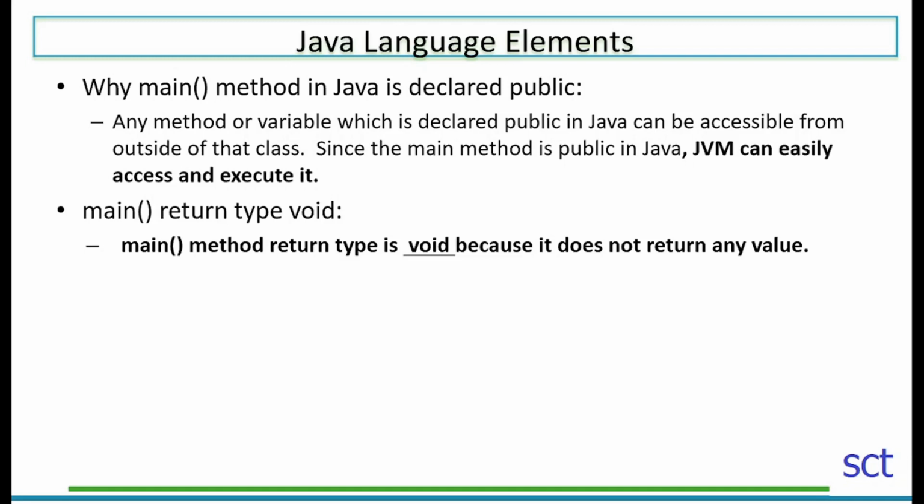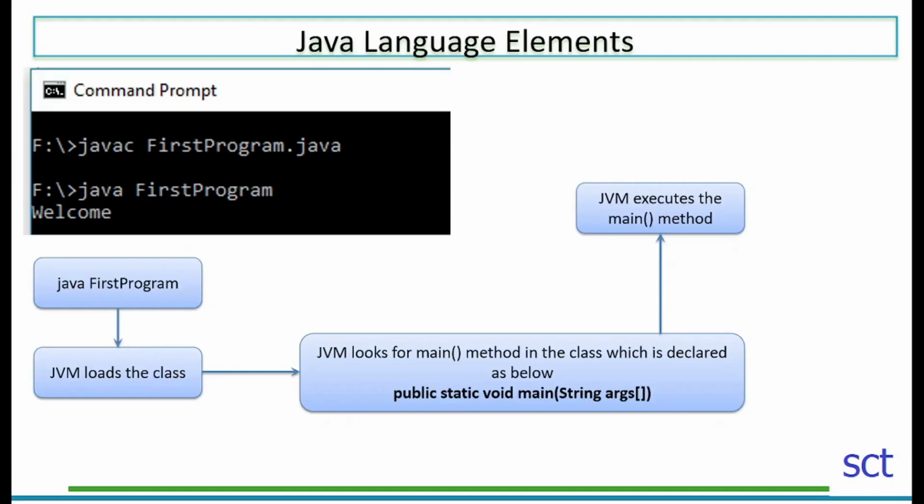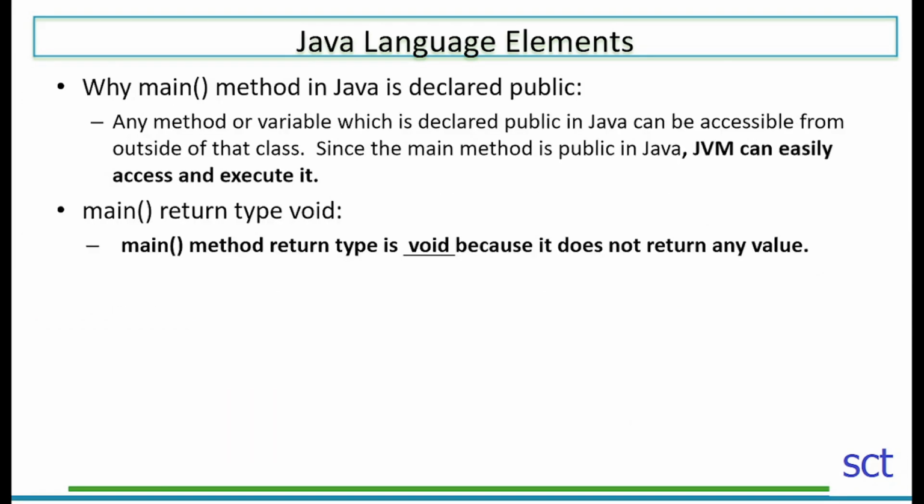So the main function is declared as public because it has to be accessed outside the class, so JVM can easily access it and execute it here. Then next, the return type is void because it doesn't return any value here. So that is the reason that the main function is always declared as public static void and then main with the arguments. Okay, so this is the reason why the main function will always look in the same format. JVM will also look for the same format, which is public static void main.